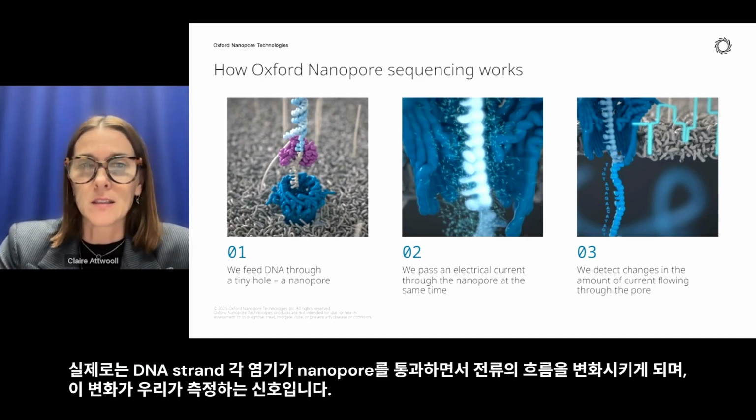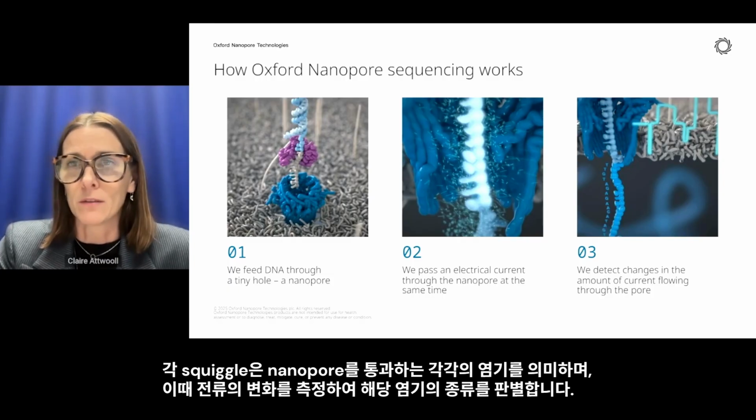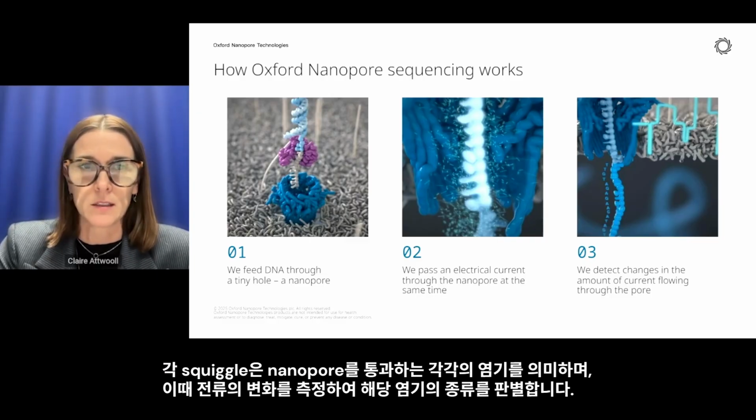And really, it is the effect of each DNA base, as it changes the flow of current through the pore, that is the signal that we are reading. And you can see in the image on the right here, this blue squiggle. Each squiggle represents a base as it comes through the pore, and we measure the current, and that tells us what base we are looking at.